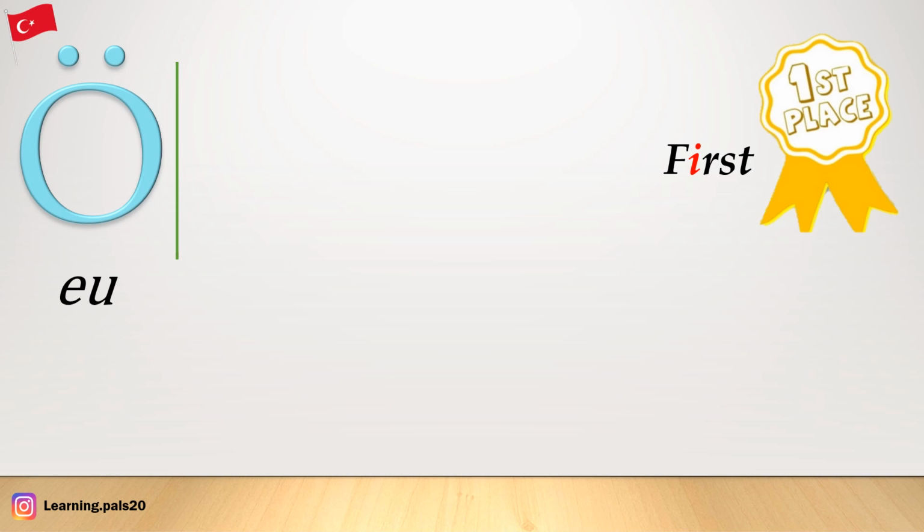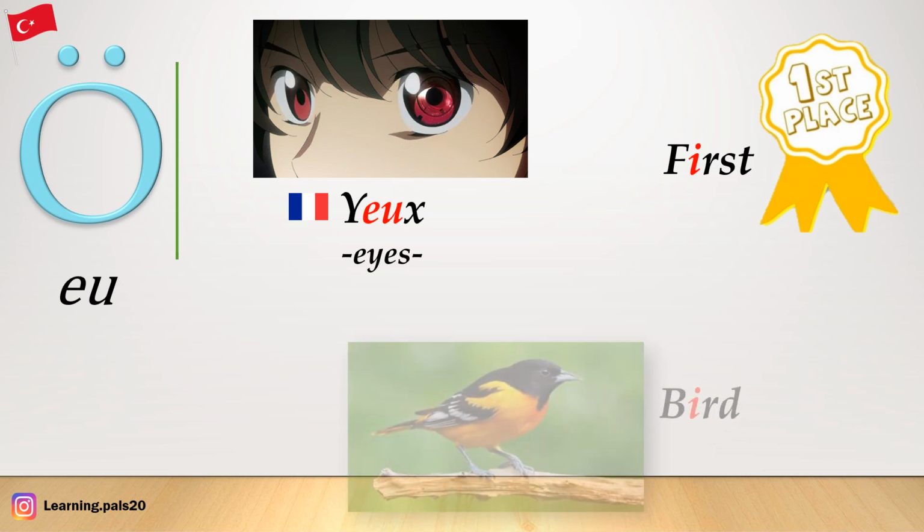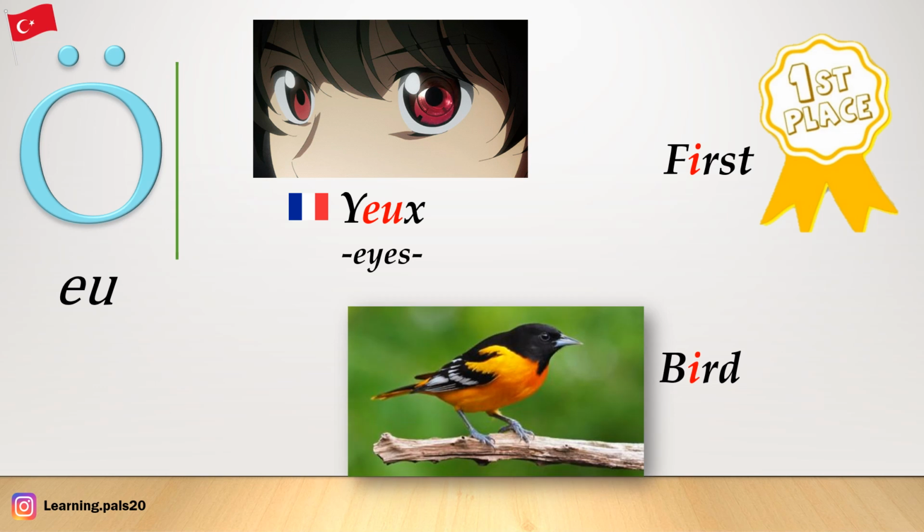In French, you say yeux, which means eyes. Another example. Bird. Like a bird. Alright. The next letter is P.